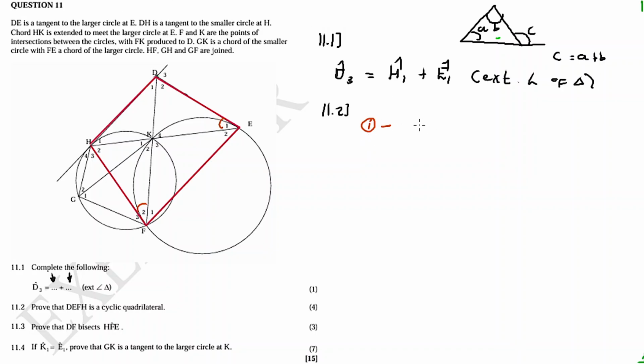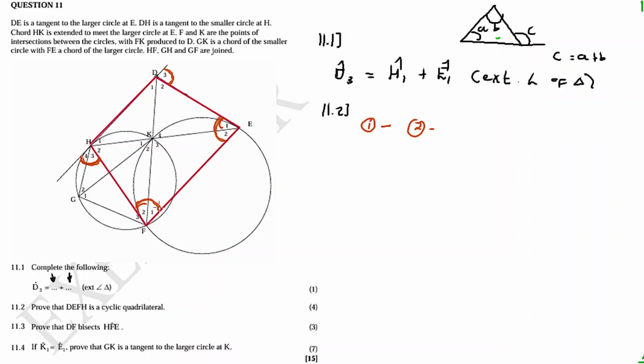Number 2, it's using the exterior angle of a cyclic quad. Looking carefully at this cyclic quad, we have 2 exterior angles. H4 plus H3, it's an exterior angle. If I can prove that this is equal to this, I've just proved that this is a cyclic quad. We also have another exterior angle, D3, equal to that. We've just proved that this is a cyclic quad.